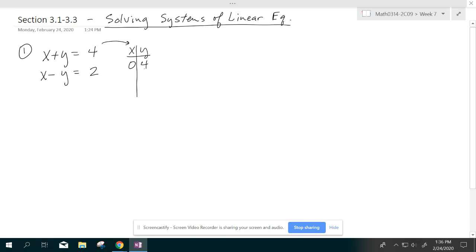And do y'all see that that gives me the y-intercept? (0, 4) is the y-intercept. And then I'm going to let y be 0. And if I let y be 0, the y disappears. x is 4. And that is the x-intercept.